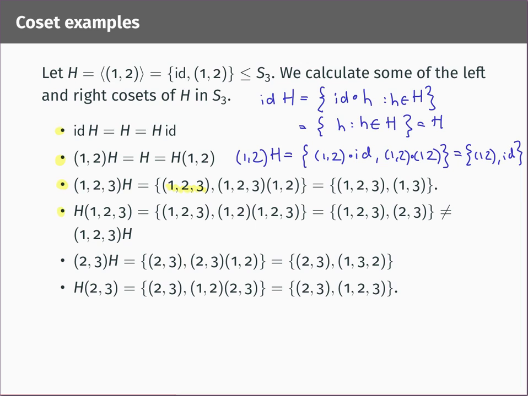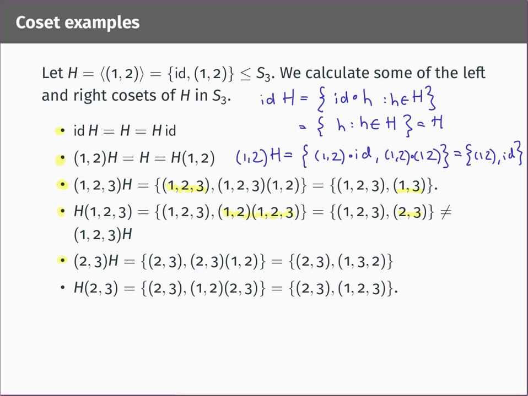On the other hand, if we look at the right coset of H by (1 2 3), then we get the identity times (1 2 3) and (1 2) times (1 2 3). If you do that second multiplication, what you'll get is (1 2 3) and (2 3). So you can see that these two things are different. The left coset by (1 2 3) is different to the right coset by (1 2 3). One of them contains (1 3), one of them contains (2 3). They're different.